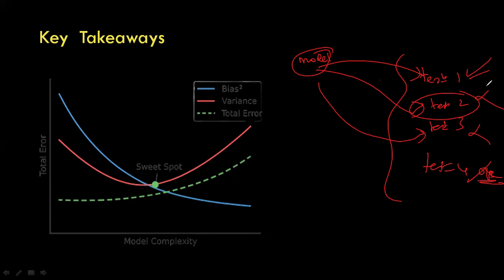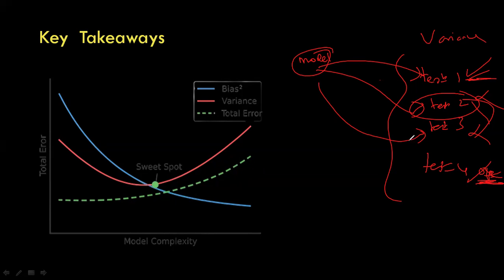So here the error is less. Here it is also okay, not much error. But here, a lot of error is there. Your model accuracy is not that good. That means variance is there. So in this case, the error is kind of okay, but for only these two test data sets, my error is more, right? Yes, but there is a variance.